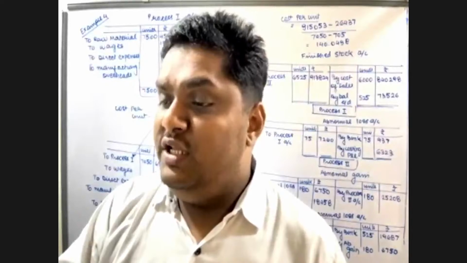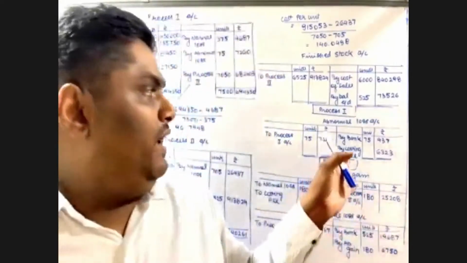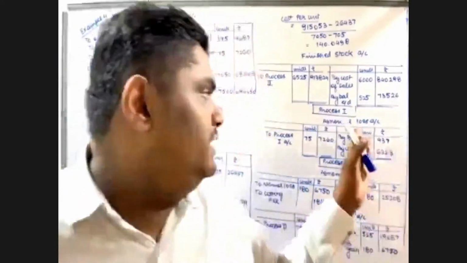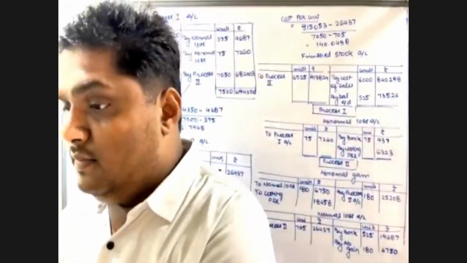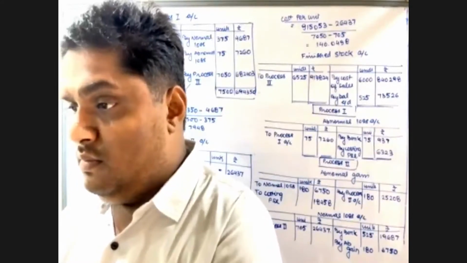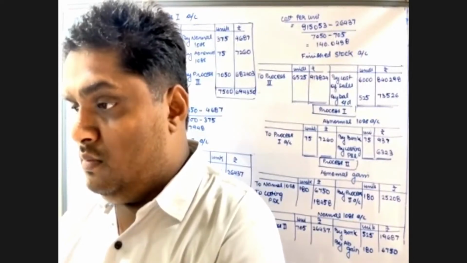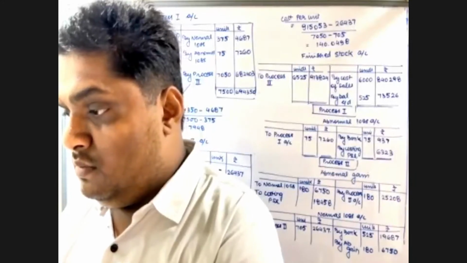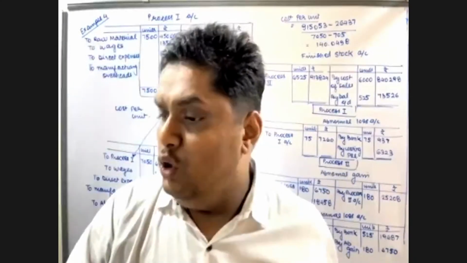The similar illustration is there in the study material, illustration number 3. However, they have not presented abnormal loss, abnormal gain, and normal loss account. So these 3 accounts I want you to copy. I'll be preparing income statement also, don't worry.